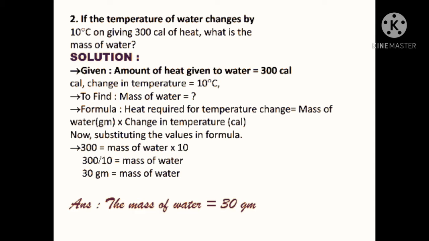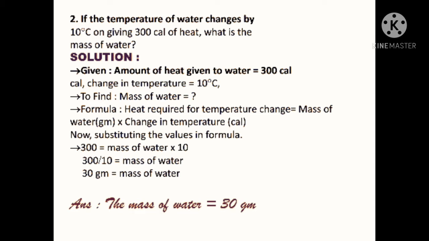So again, students, we know the formula. Heat required for temperature change is equal to mass of water multiplied by change in temperature. So we'll substitute the values now. Heat required for temperature change is given as 300, which will be equal to mass of water multiplied by 10.